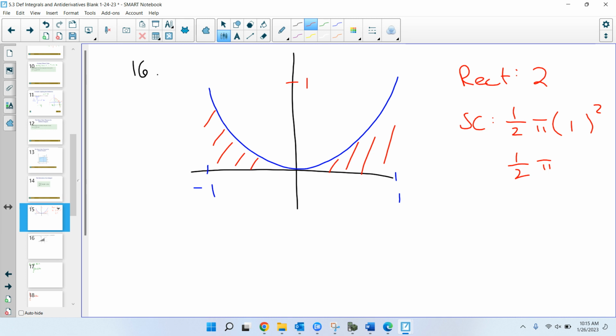What are we missing here? Radius is 1. Half of pi r squared gives us that area. They had what? 4 minus pi over 4? 4 minus pi.